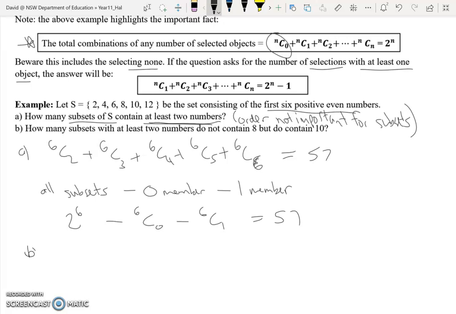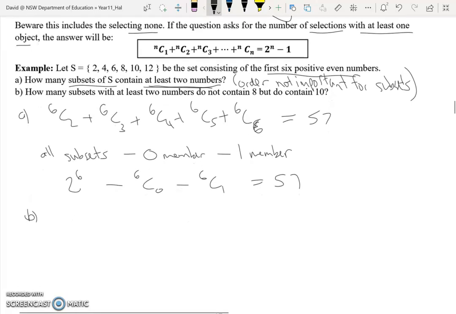Okay, that's A done. Let's try and do B. How many subsets with at least 2 numbers do not contain 8, but do contain 10? So 8 is not involved. 10 is in the subset. Okay, so think about it. That means that I've really got this set left.